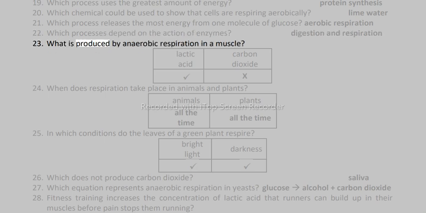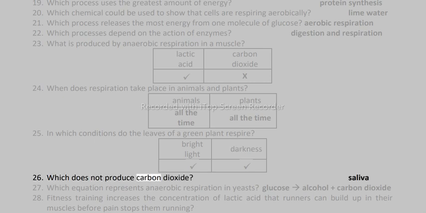23. What is produced by anaerobic respiration in a muscle? Lactic acid, carbon dioxide. 24. When does respiration take place in animals and plants? Animals, plants, all the time. 25. In which conditions do the leaves of a green plant respire? Bright light, darkness. 26.